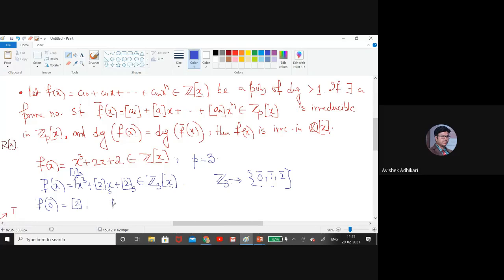If I have f bar of 1 bar, then it becomes 1 plus 2 plus 2, that is 5, which modulo 3 is class 2, and that is also not equal to 0. And what about 2 bar? That is 8 bar plus 4 bar plus 2 bar, which is 14, also not equal to 0 bar.